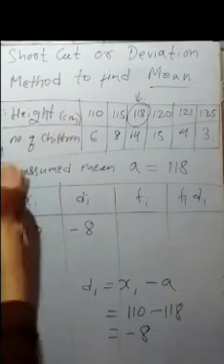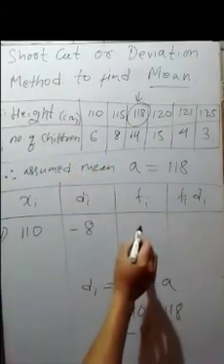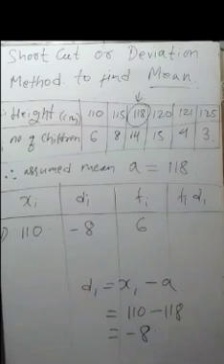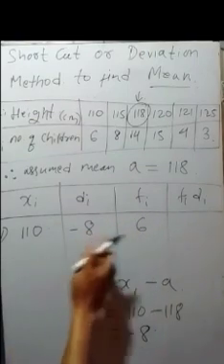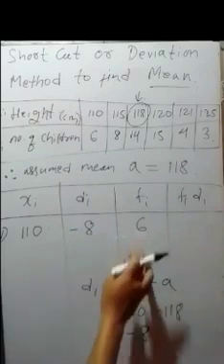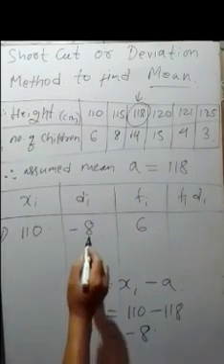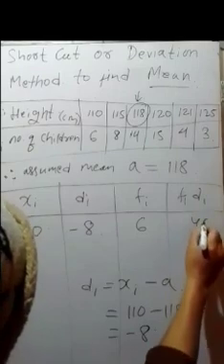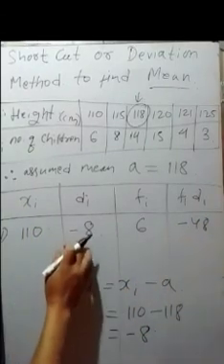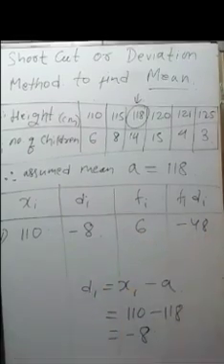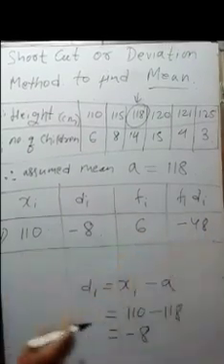What is f1, the first frequency? This is 6. Clear? Now f1 and d1 you have to multiply. Minus 8 into 6, 8 sixes are 48, so this will be minus 48. In this way we have to find all the remaining.